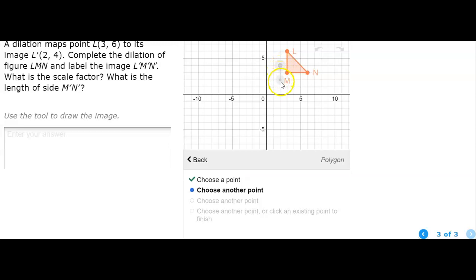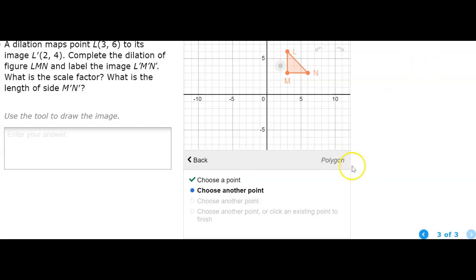So then if I take, from the original to the prime, my scale factor would be 2 to 3. Let me write that down.